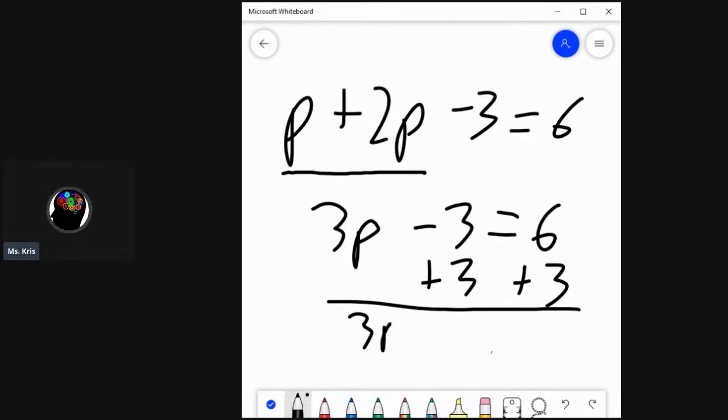Bring down my 3p, cancel out my minus 3 plus 3, which will equal 6 plus 3, and that gives me 9. After that, we divide by 3 on both sides. Once you divide by 3 on both sides, that will give me p equals 3.